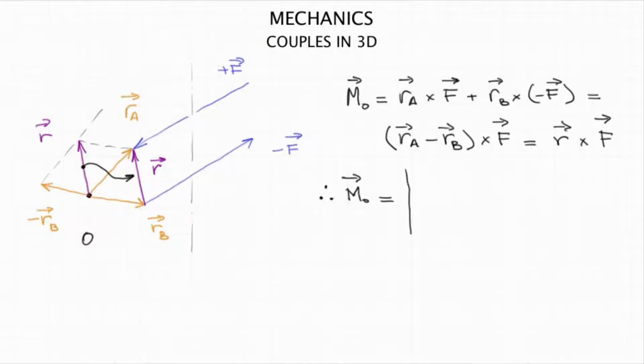Now we can express this cross product again through a determinant: i, j, k, rx, ry, rz, fx, fy, fz.